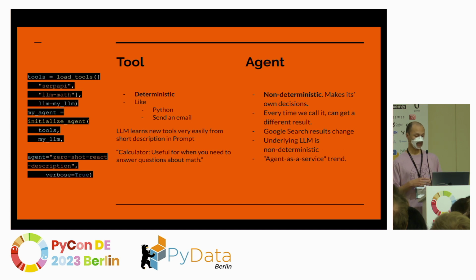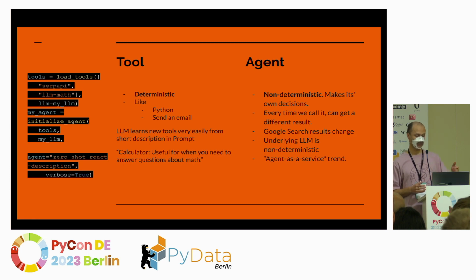The kind of agent is called zero-shot React description, which links to the React paper. There's a paper called React, published by a group of researchers. And LangChain did what open source is supposed to do. They took this academic code and made it into nice Python with types and classes, something which you could actually want to use. That's one of the great things that made LangChain become so popular, the re-implementation of this React paper.